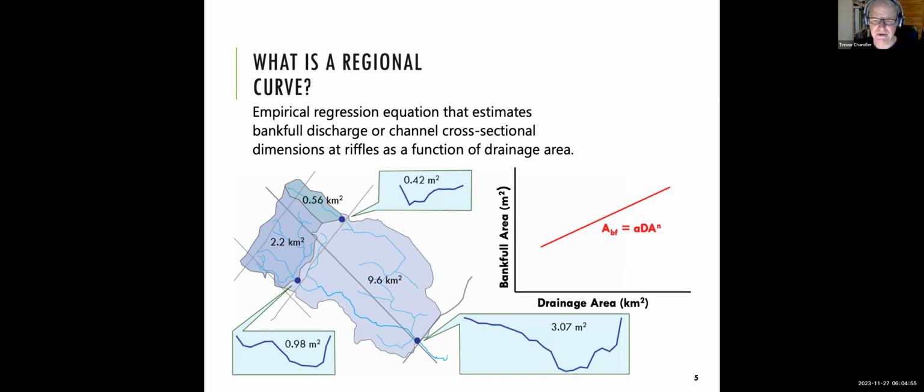So you can have an equation or you can plot it as a line on a curve. The idea is to get as many different channels of different sizes as you can to build up that curve, so you get a sense of how big the channel is related to drainage area.